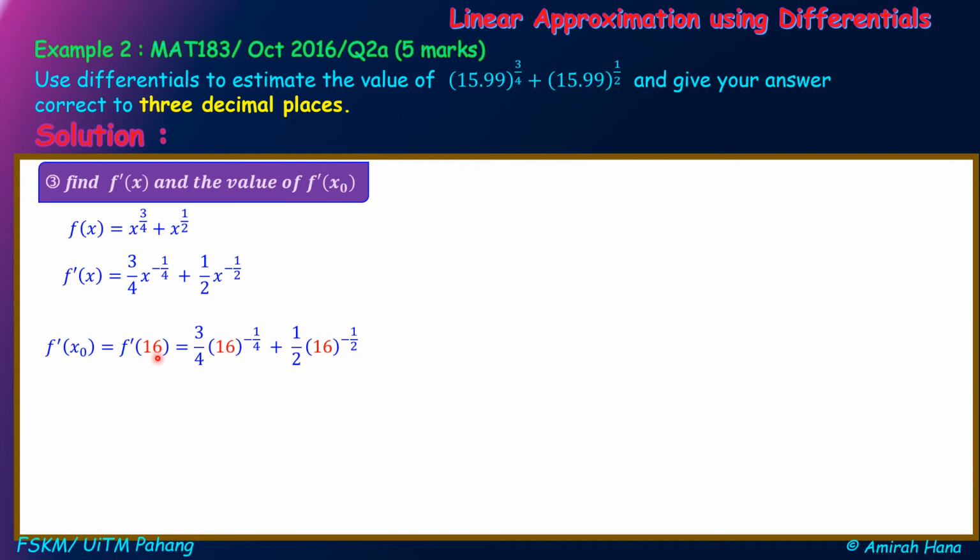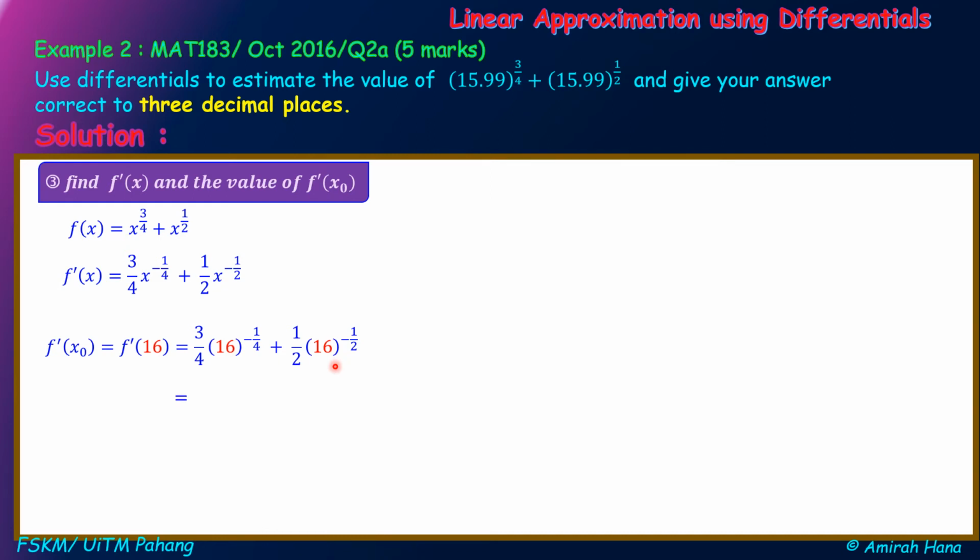From step 1, our x naught equals 16. So now we just replace 16 into variable x here. So we have 3 over 4 times 16 to the power of negative 1 over 4 plus half times 16 to the power of negative half.